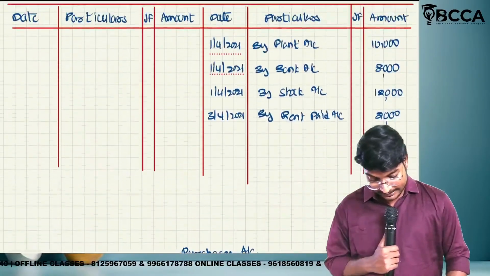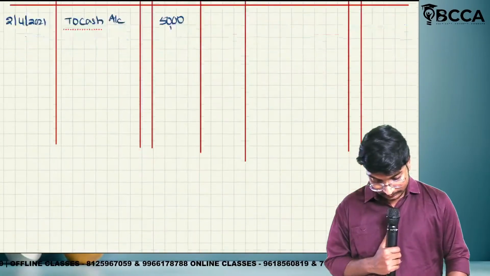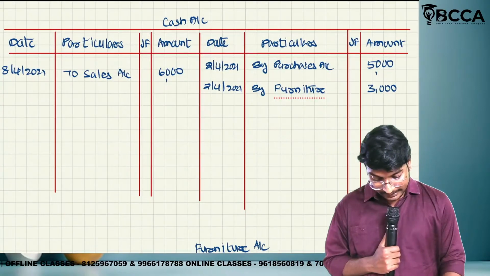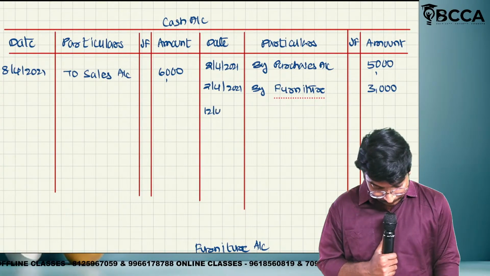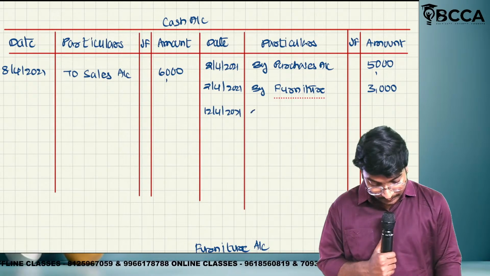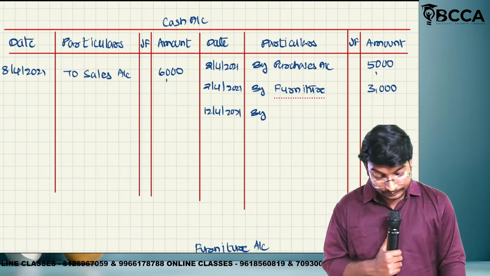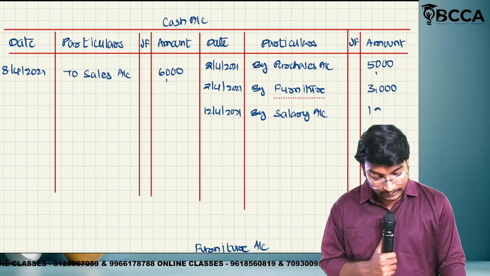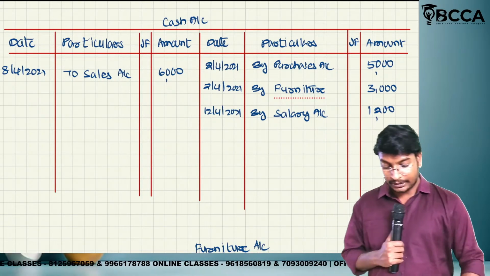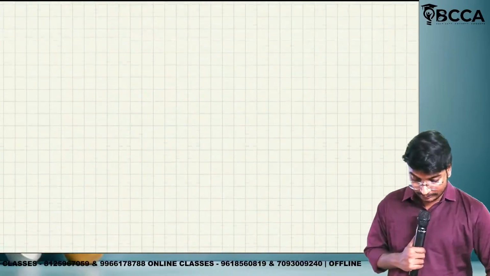So where is the cash account, guys? In the cash account, 12th April 2021, by salary account, 1200 rupees. We need to open which account? Salary account.